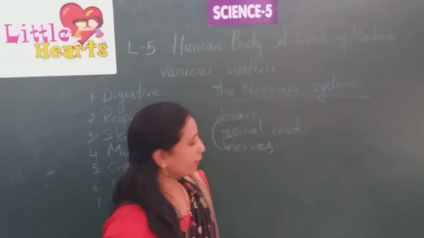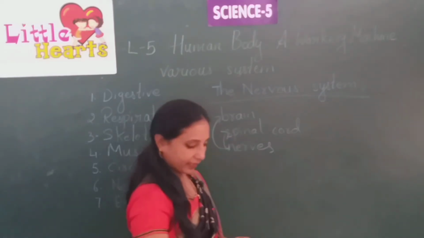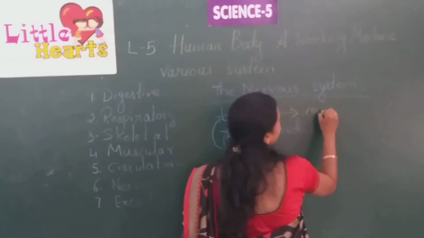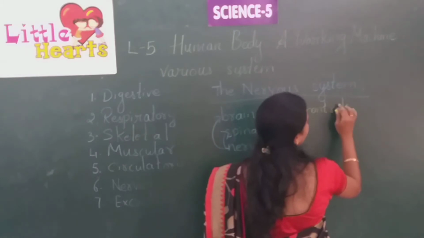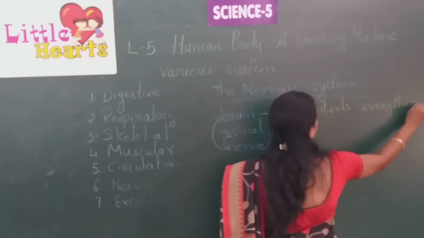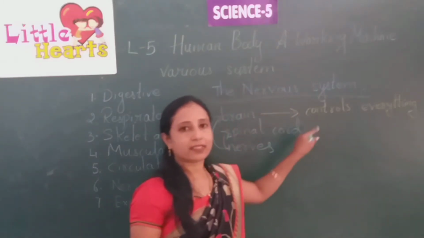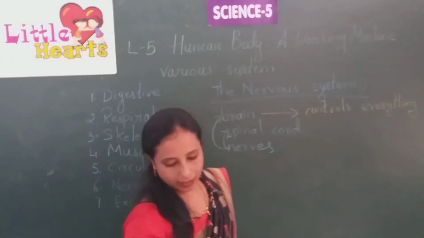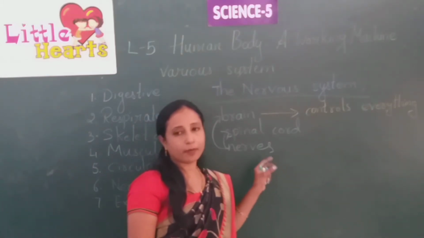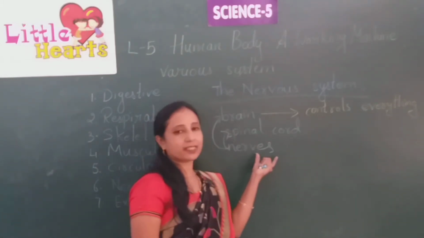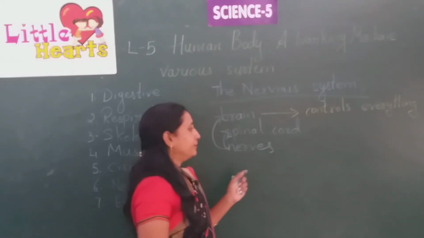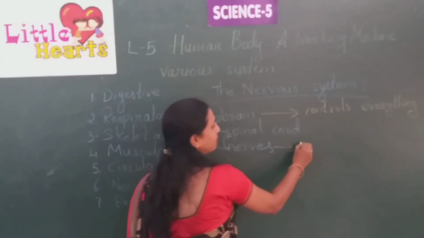Now, what is the main function of the brain here? The brain controls everything in our body. It is called the master of all the organs. Nerves send impulses, in the form of nerve impulses. Impulse means information.